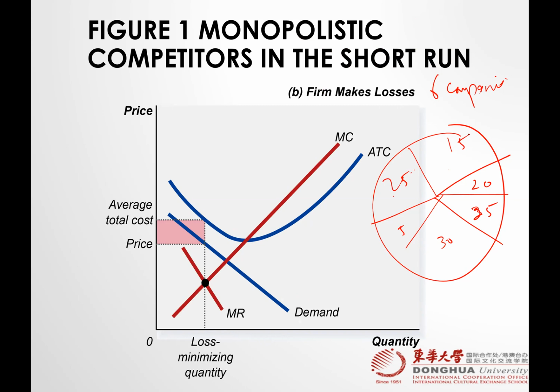So in that case, if 2 firms exit the market, this 20 and 5, it means now 4 companies are left, and those companies that left will also leave 25% of the market for the rest of the 4 companies. So in that case, the number of buyers increases.